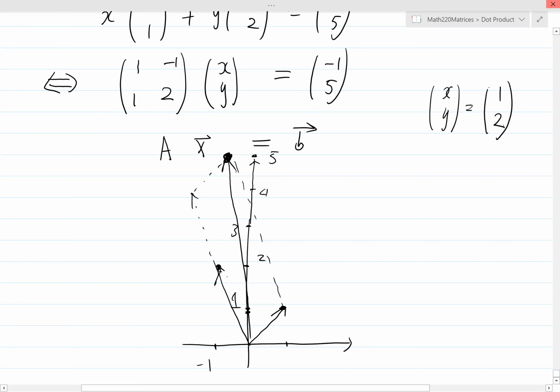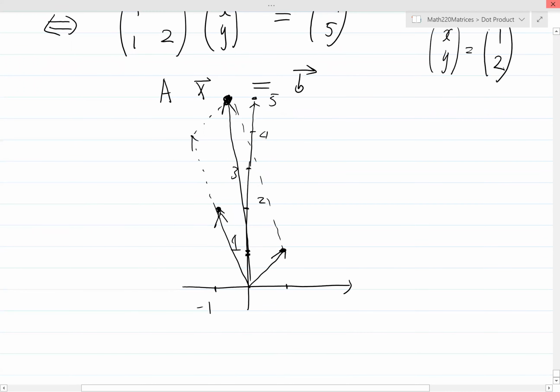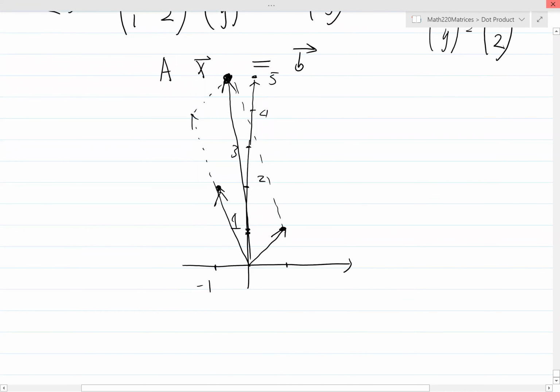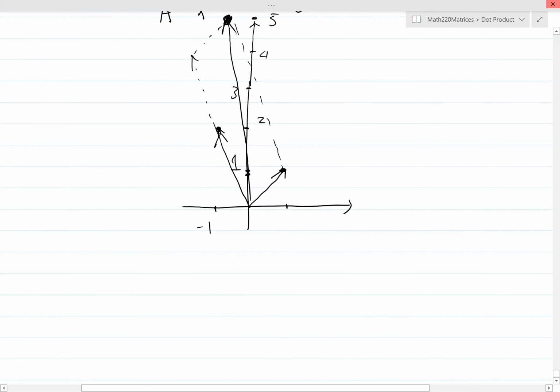So there are different points of view to do this kind of problem. The idea for this problem is that the column vectors are linearly independent.